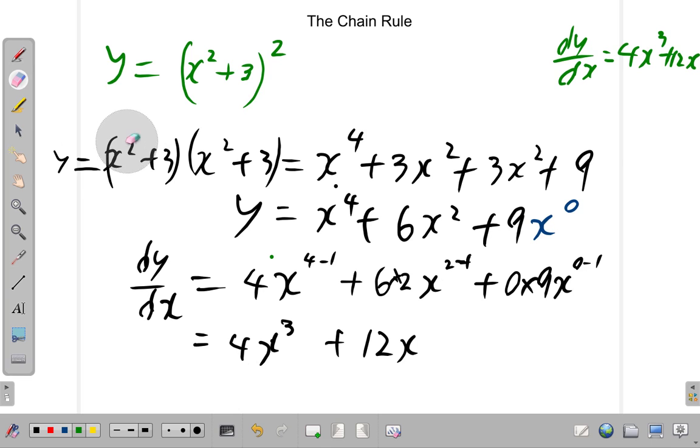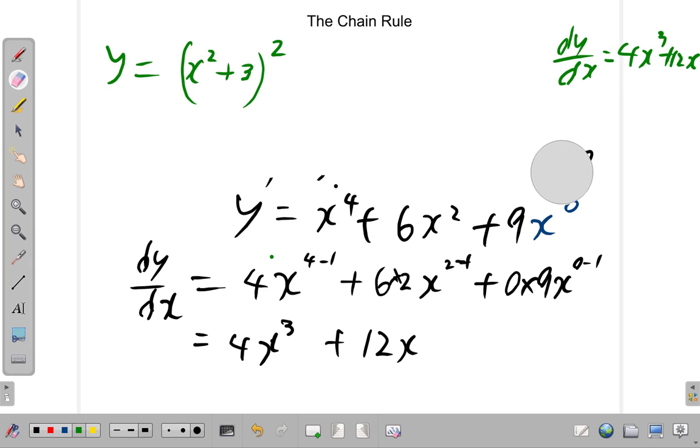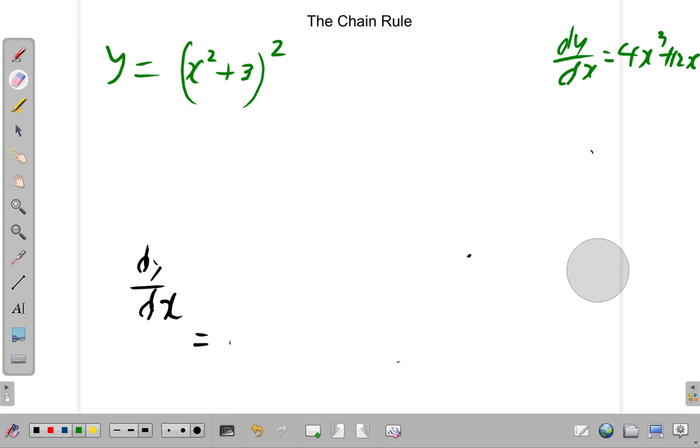Let's use the chain rule now. Let's erase all of this and use the chain rule on it, see if we get the same thing. Now we have something that is squared. So this function is in the form of another function squared, which is the inside function squared. So the inside function is x squared plus 3.